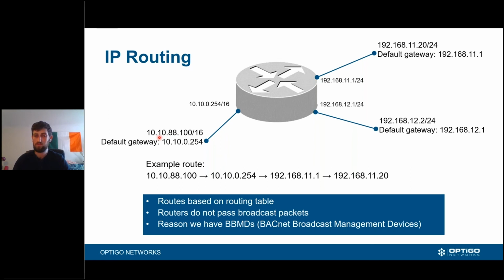A Who-Is, an I-Am, an unconfirmed COV is a broadcast packet most of the time, and the router will block it. We're not going to go into BBMDs now, but BBMDs basically take the broadcast packet and send it to another BBMD over a non-broadcast approach, which is a unicast, and then the other side will send it out again.